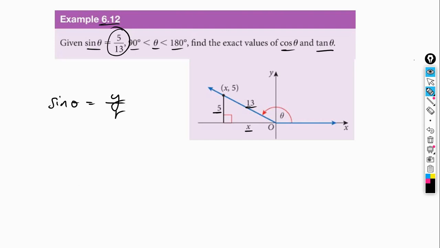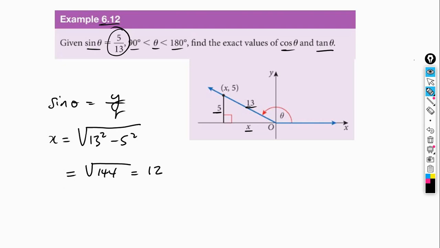But from Pythagoras, we know that x is going to equal the square root of 13 squared minus 5 squared. And this equals the square root of 144, which is 12.